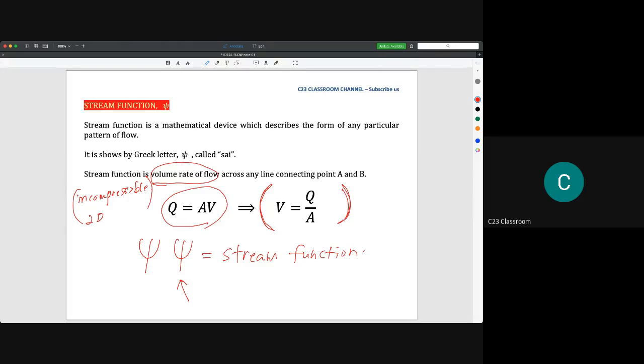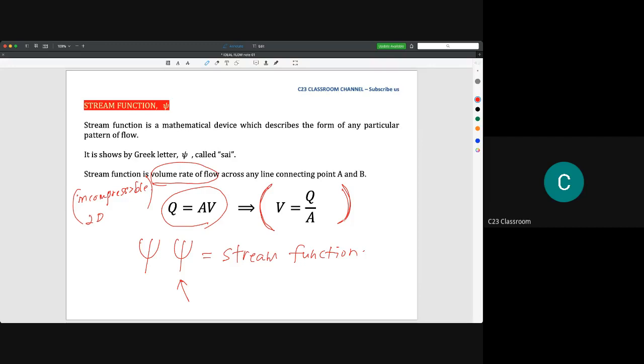It means we do some kind of reverse engineering calculation. First, we determine the velocity, then we could get the flow rate. Why? Because in a real experiment, for example, sometimes we measure the velocity of flow, and then we multiply with the cross-sectional area, then we could get the flow rate.